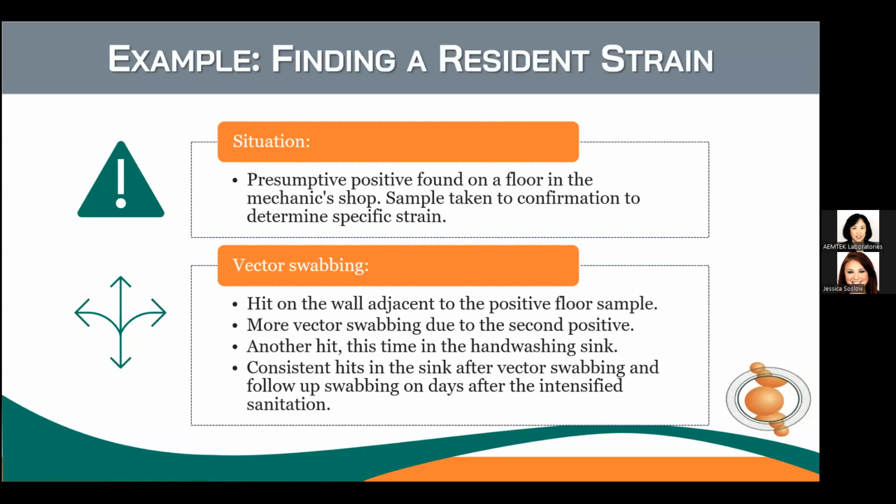And more vector swabbing due to the second positive, right? That's the procedure. And then they found another hit. This time it's in the hand washing sink. And there was a consistent hit in the sink after vector swabbing and follow-up swabbing on the days after the intensified situation.